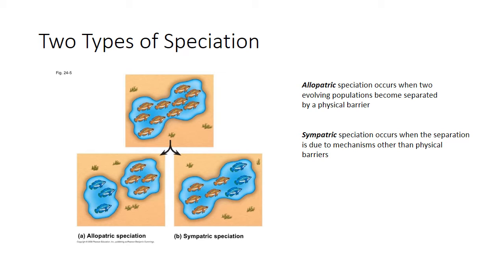So that may lead to divergence. One of them or both of them can become new species, or at least one of them can become a new species relative to the other one.